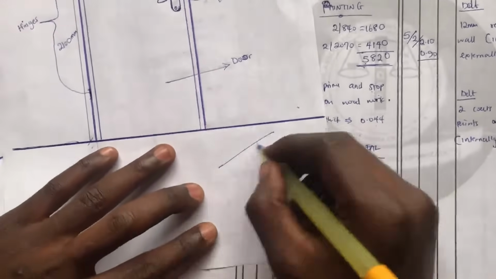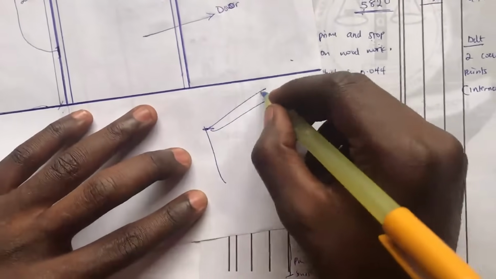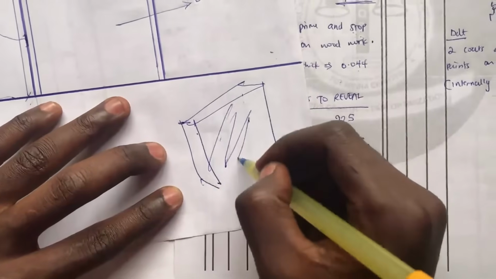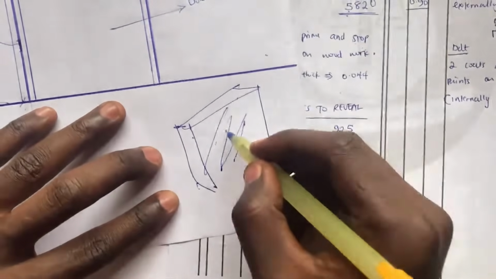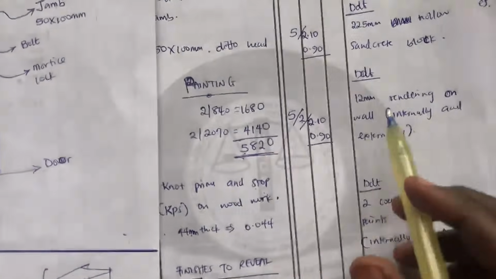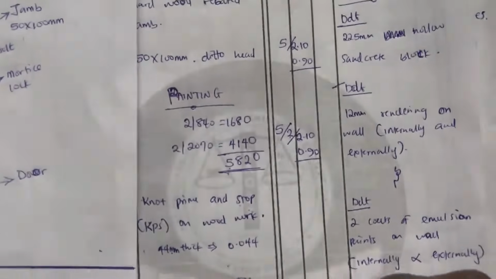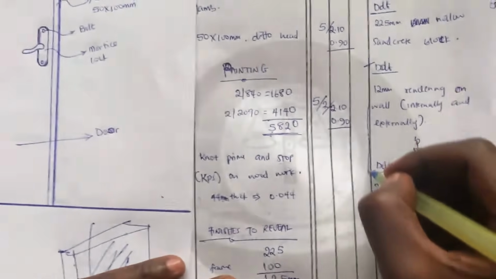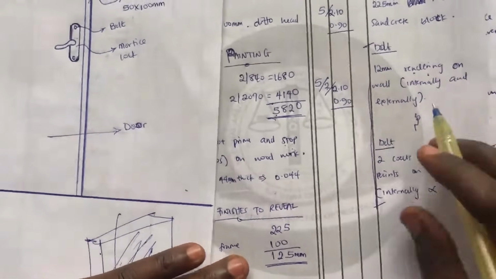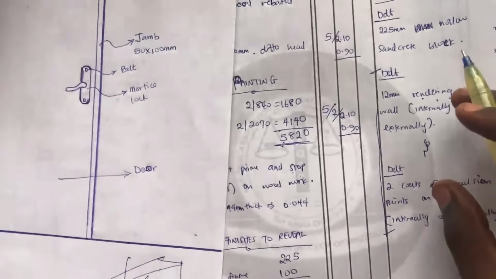Remember, if I lay a single block as a wall, I have to plaster here and plaster the second side, and paint here and paint the second side. That is why we have by 2 here. So I will bracket this together to show that this single dimension applies to these 2 descriptions.